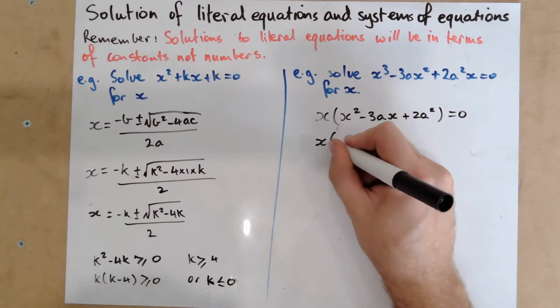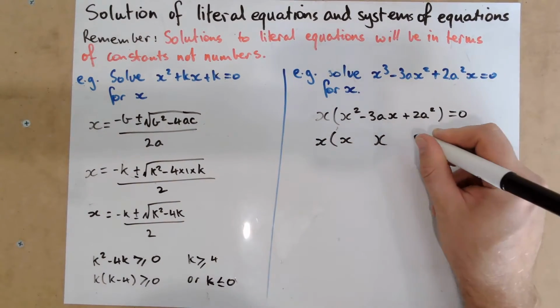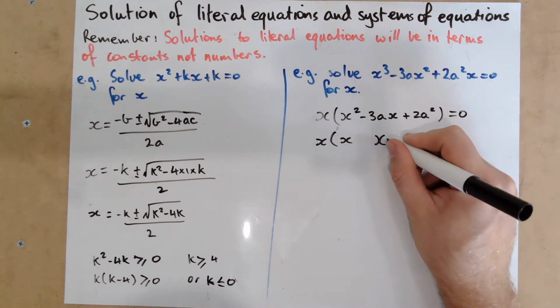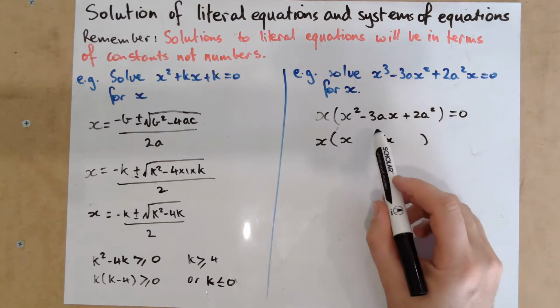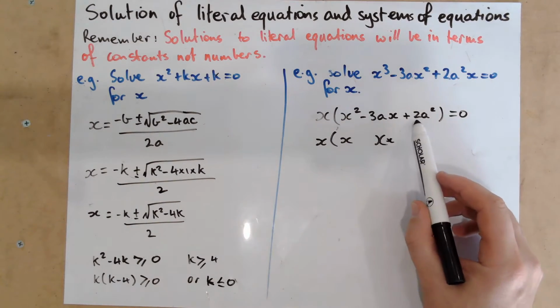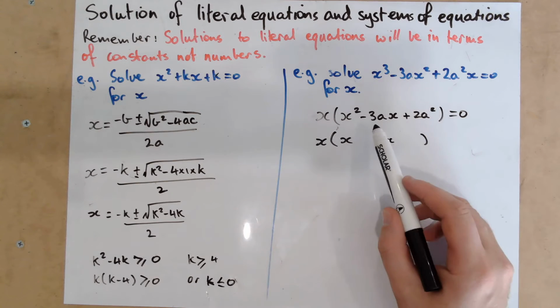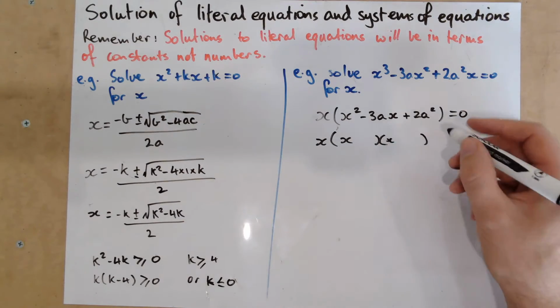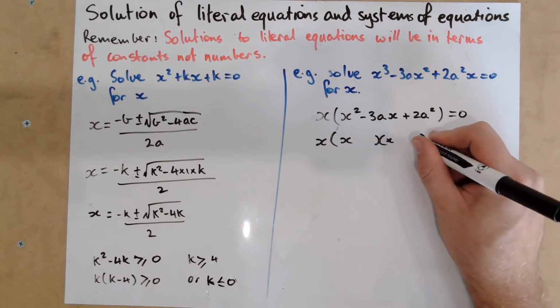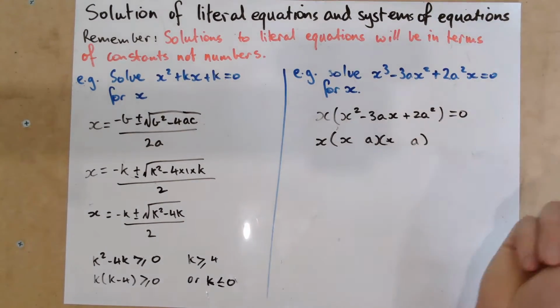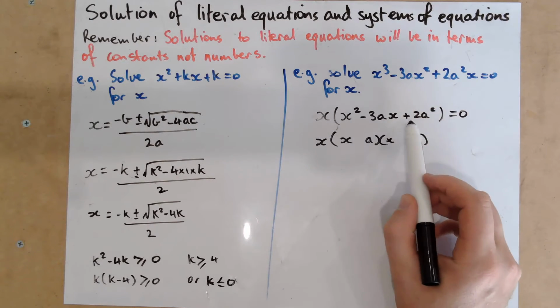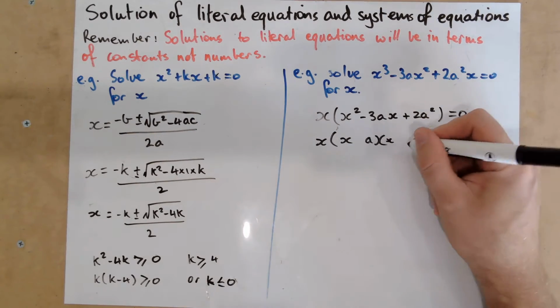Now, to factorise that, I would need my two brackets, and I need numbers that multiply to 2a squared and add to negative 3a. We must have an a and an a. Because the product is positive and the sum is negative, they must both be negative.